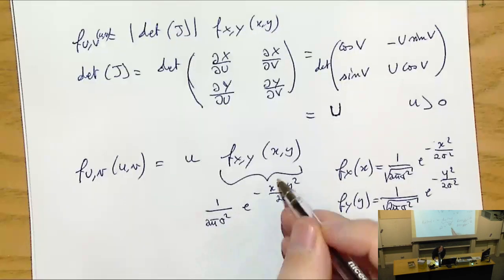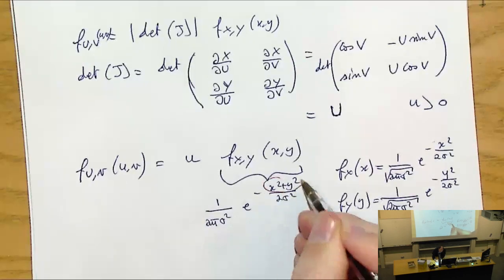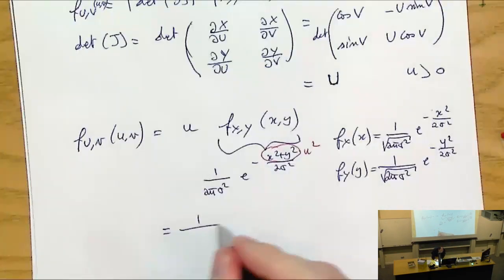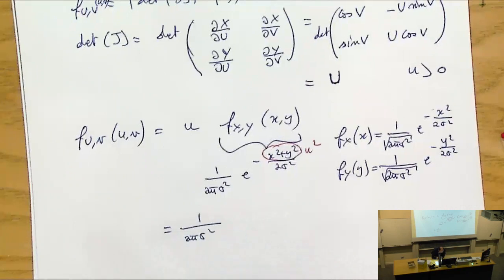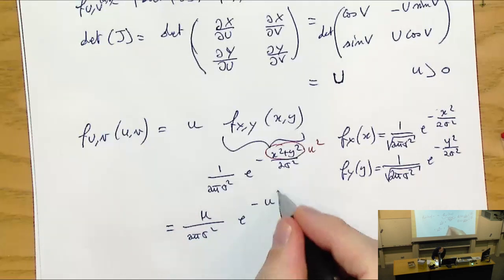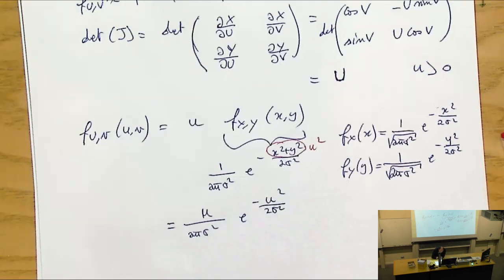x squared plus y squared. This is just u squared here, right? So this is u squared. And so what we get is 1 over 2 pi sigma squared multiplied by u e to the minus u squared over 2 sigma squared, right?